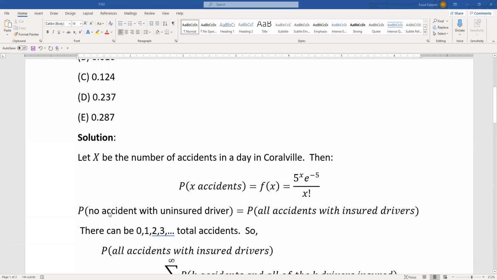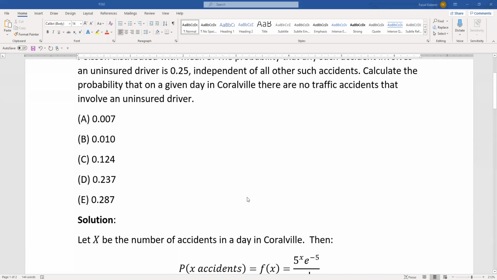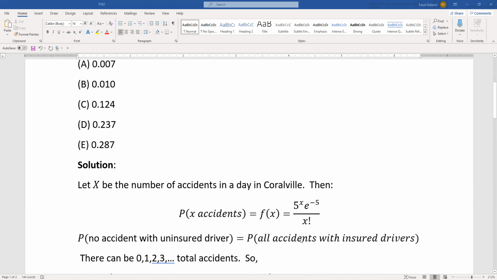So we want the probability that none of the accidents happen with an uninsured driver. So this is what we want: calculate the probability that on a given day, none of the accidents involve an uninsured driver, which means all the accidents are with insured drivers, right?